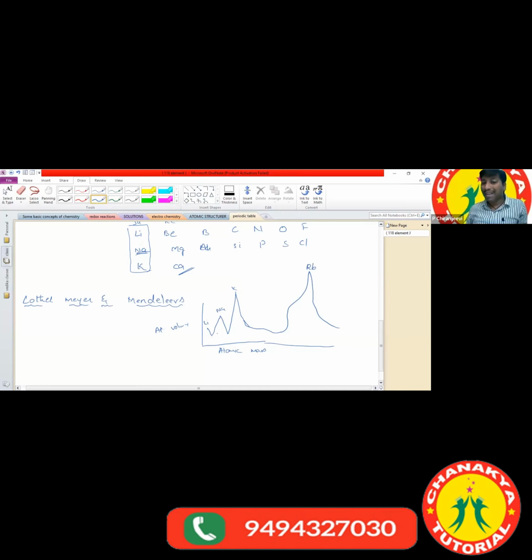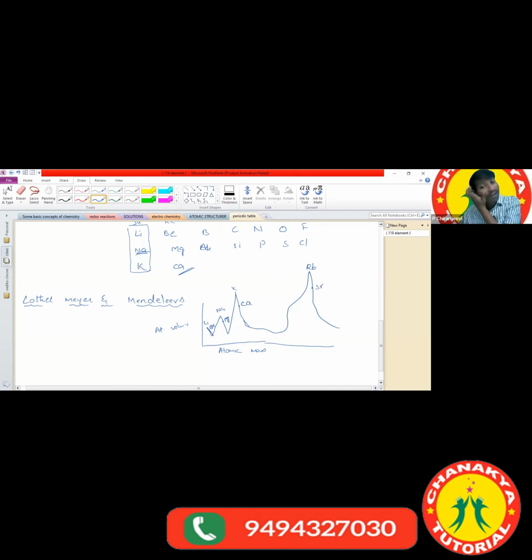And what are the alkaline earth metals? Which we can call alkaline earth metals? Beryllium, magnesium, calcium, and here we can take strontium. So alkaline earth metals are placed on the descending part of the curve. From here to here, it is going in the downward direction.